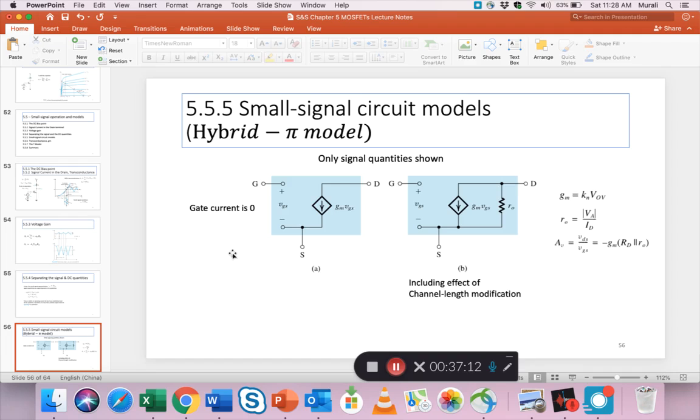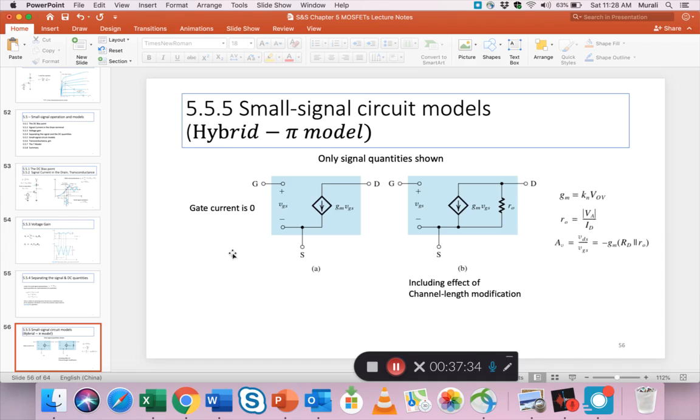Why? Because we know that the MOSFET is a unique device where no current actually flows in the gate circuit. I hope I have mentioned this before, and so I am reiterating it. The gate current is always zero. In a BJT, that's not true. The base current is never zero. There's always a small base current.